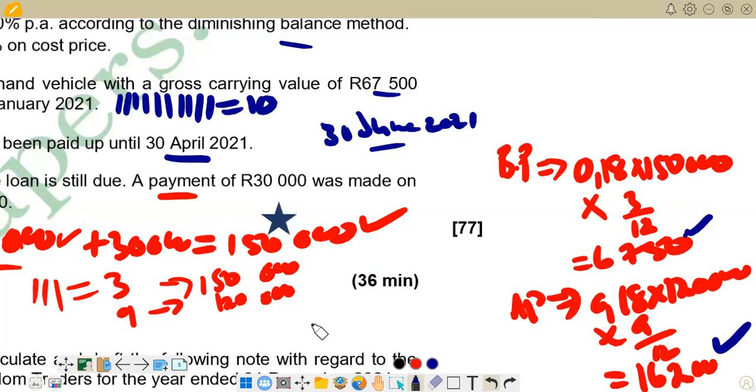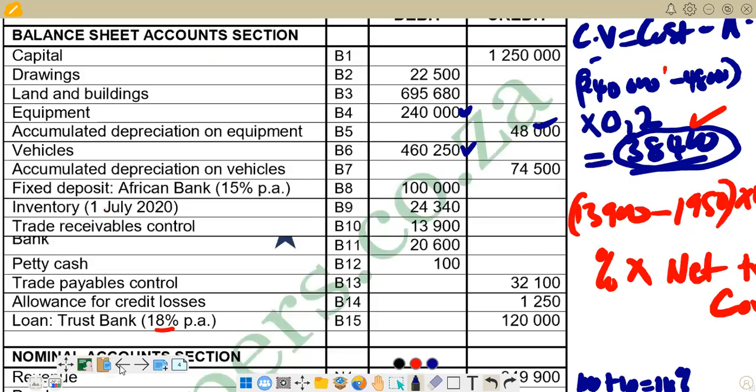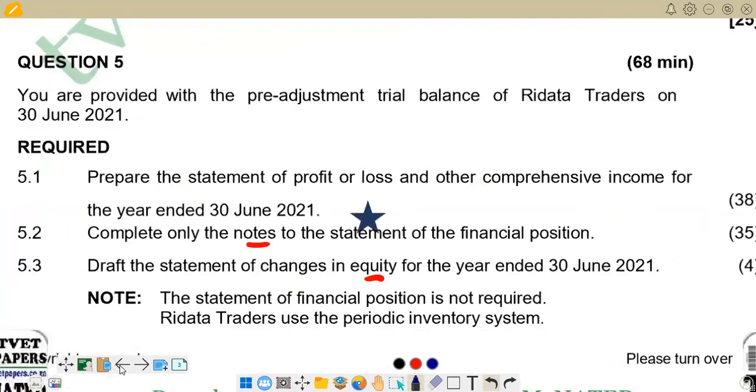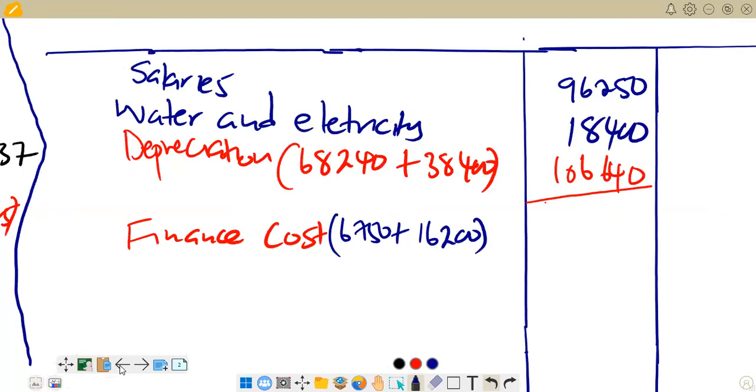6,750. So if you add now 6,750, and then you add to the one that you got there, 16,200, you get 22,950. So this is the calculation that we have. So we're just rechecking if these figures were correct.